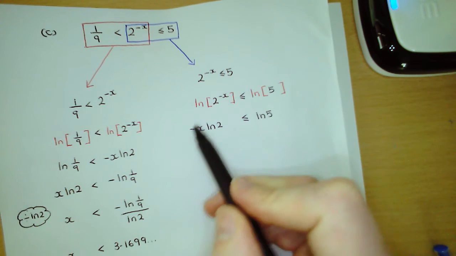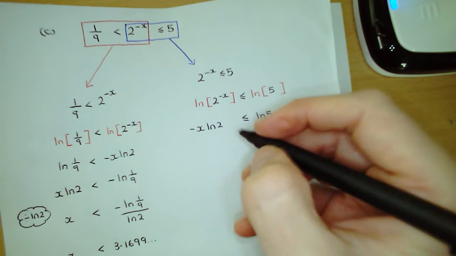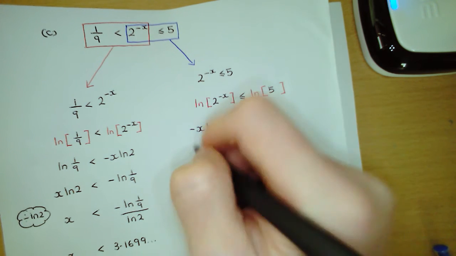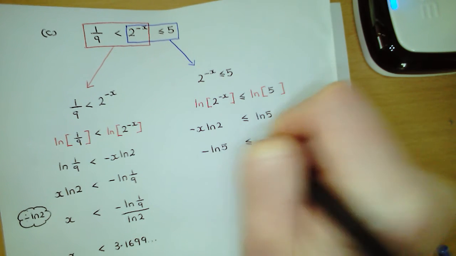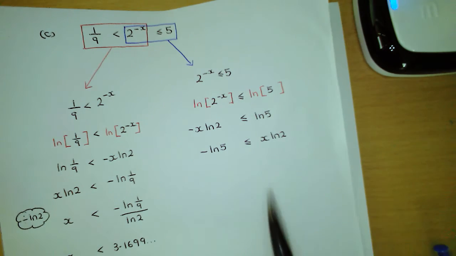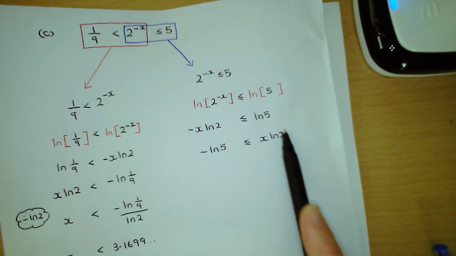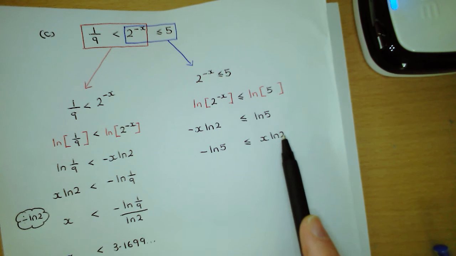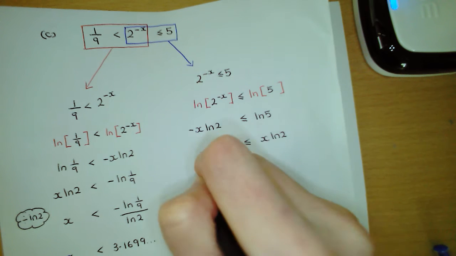Again, I don't like the fact that this term containing x is negative, so I'm going to shift it to the other side, and then I'm going to shift natural log of 5 over. Now I'm going to divide both sides by natural log of 2, and remember natural log of 2 is positive, so that will not reverse the direction of the inequality sign.